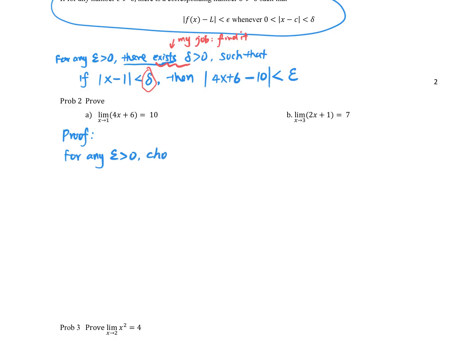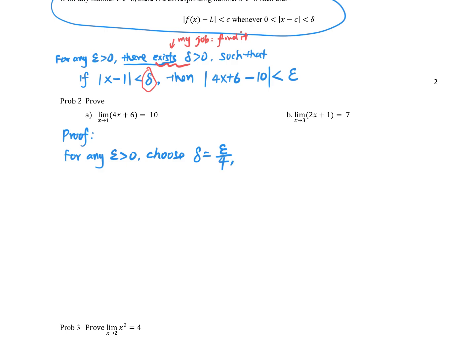I'm going to choose delta to be epsilon over 4. So you see, that's my job. I found it already on my scratch paper, but now I officially claim it. Let delta be epsilon over 4, or choose delta equals epsilon over 4.